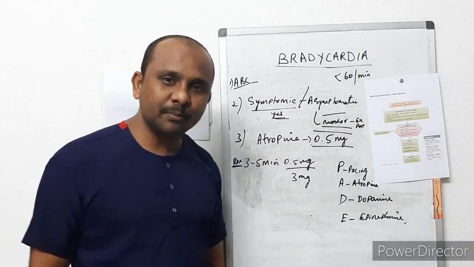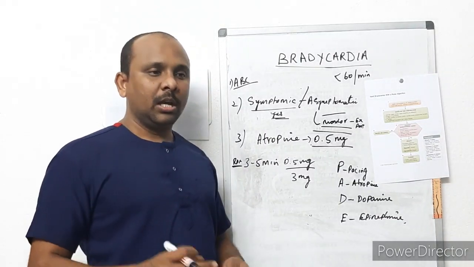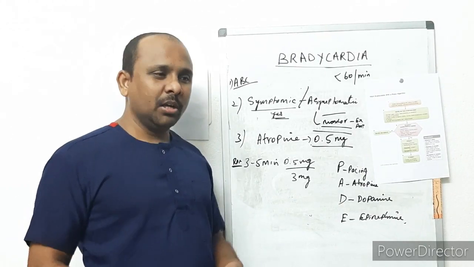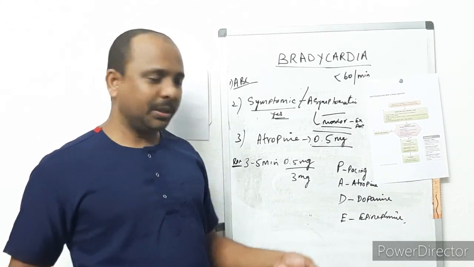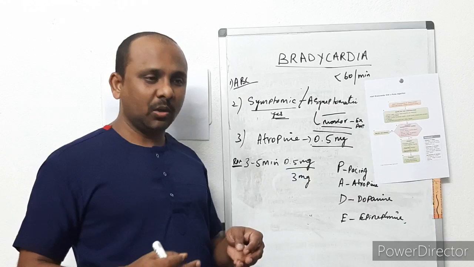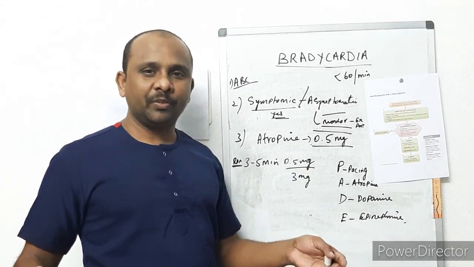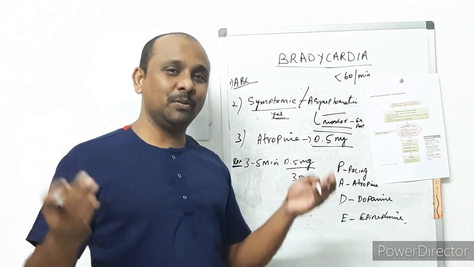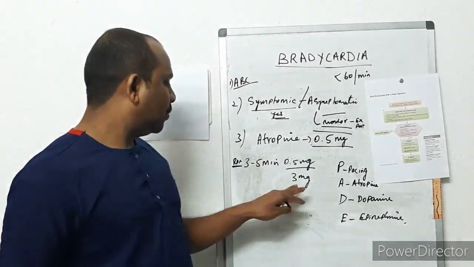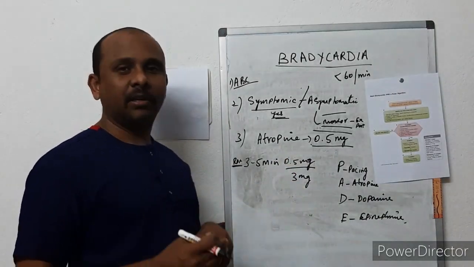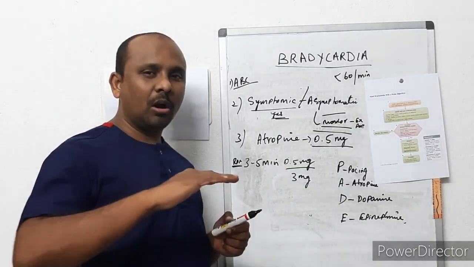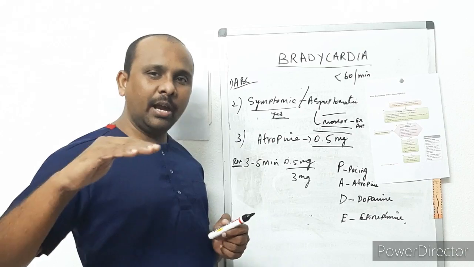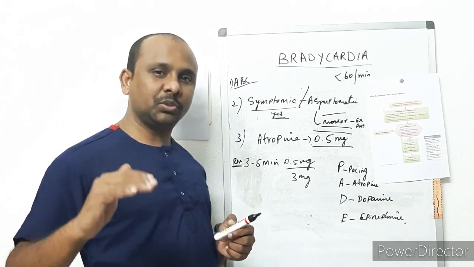Because we can give more than 3 mg in other settings. For example, in organophosphorus compound poisoning in the critical care setting, you use more than 3 mg, like 5 mg or 10 mg in one shot. Some physicians give it in IV boluses also, right?